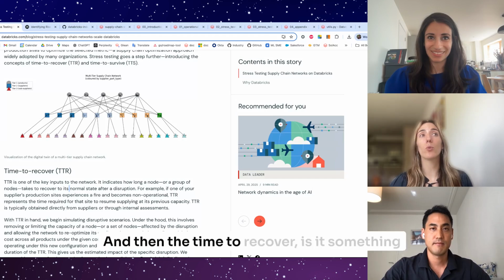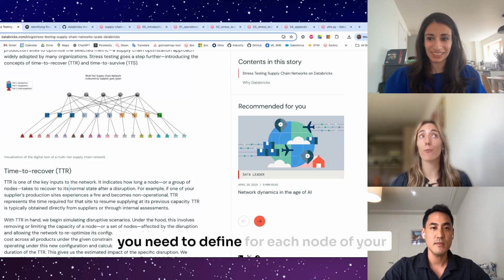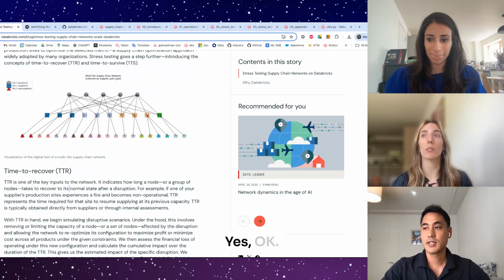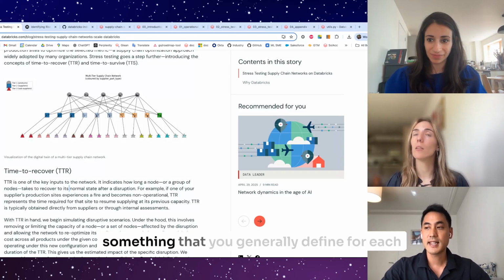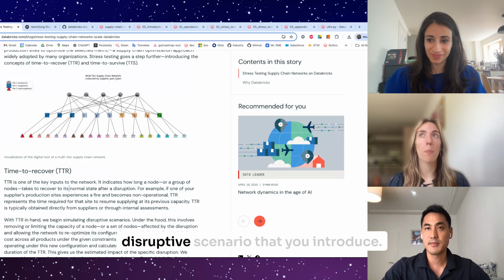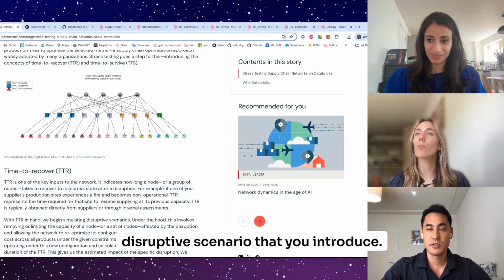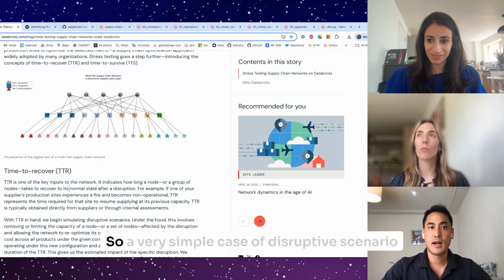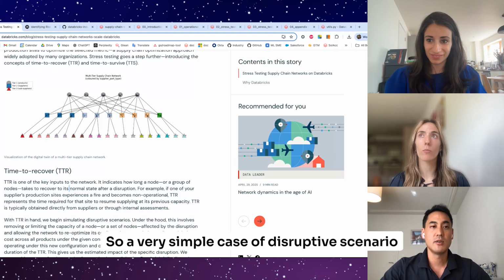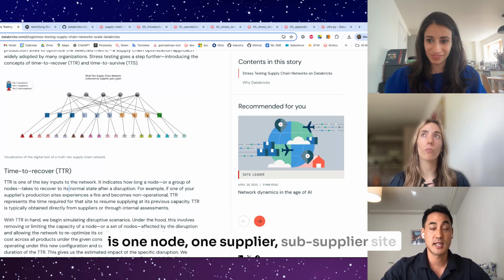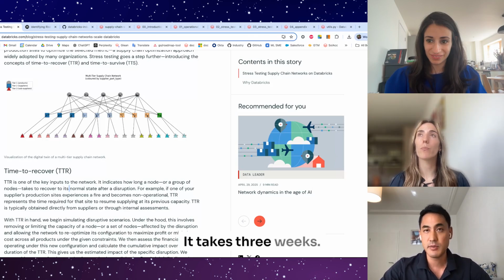And then the time to recover, is it something you need to define for each node of your graph? Yes, good question. It's something that you generally define for each disruptive scenario that you introduce. So a very simple case of disruptive scenario is one node, one sub-supplier site failing. It takes 3 weeks.